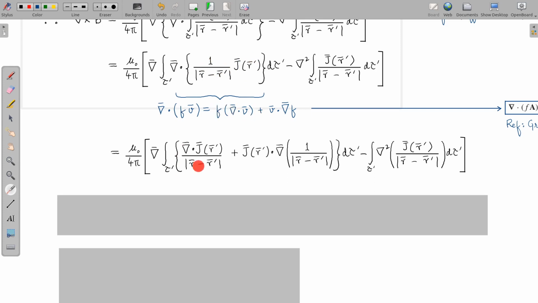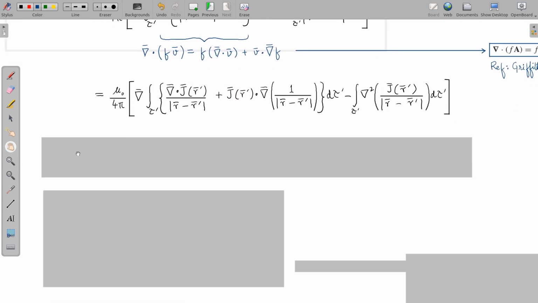So f, which is 1 by modulus r minus r prime, times the divergence of J. So the divergence of J divided by modulus r minus r prime, plus J dotted with the gradient of 1 by modulus r minus r prime. So this is what we get. Now this quantity is going to turn out to be 0. Why will this quantity turn out to be 0?